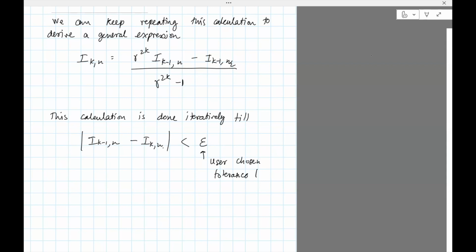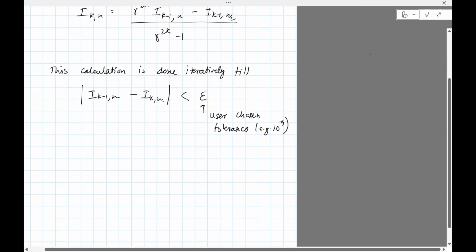For example, 1e negative 4 will do. So you're ensuring that the 4 decimal places don't change between successive iterations.